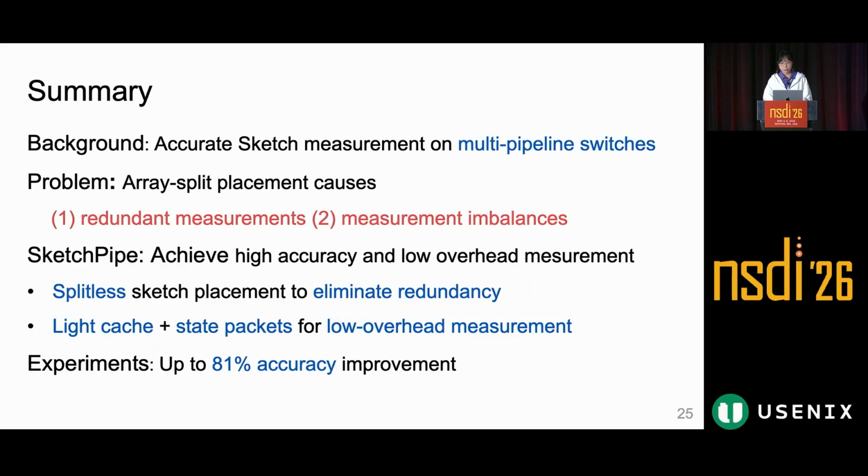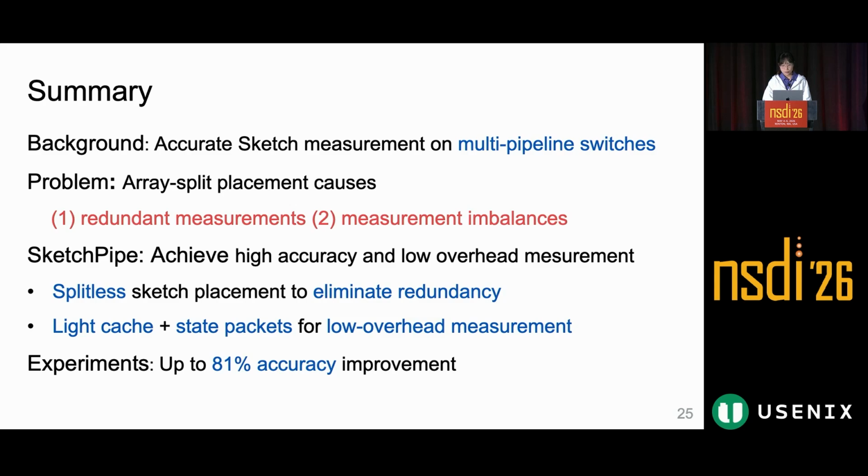Okay, to summarize, modern multi-pipeline switches create a new challenge for sketch-based network measurement. Existing array split placement fits this hardware structure, but it causes redundant measurements and measurement imbalance, which significantly reduce accuracy.